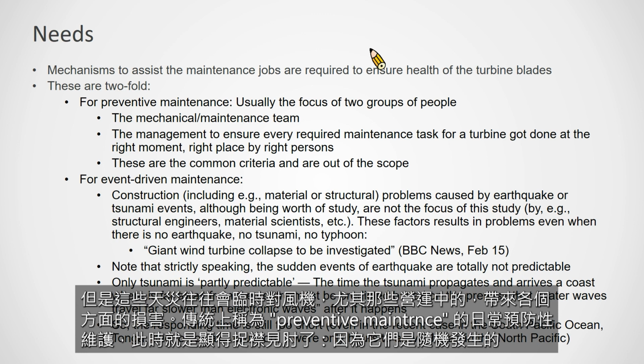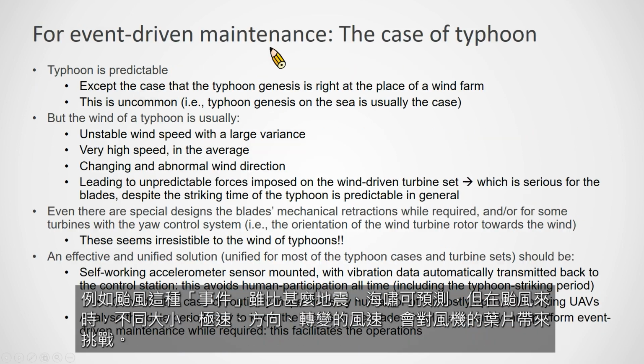If it is earthquake, it is totally unpredictable. And if it is a tsunami, then it is just partly predictable. And this tells us that we have almost no way to deal with earthquake and tsunami.